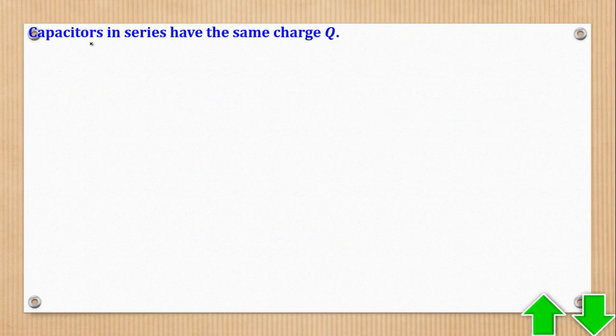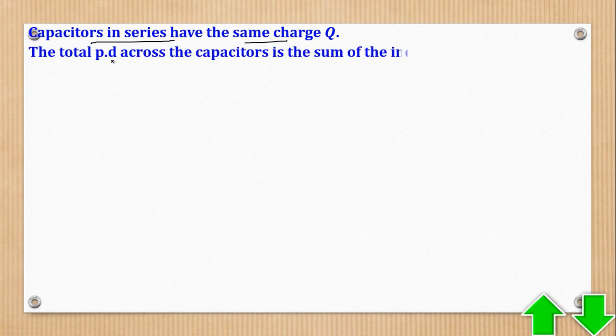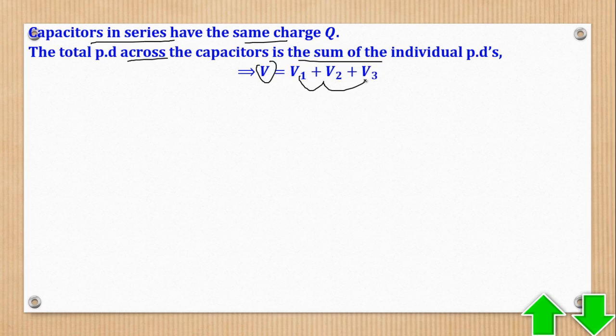So that's what I've told you. Capacitors in series have the same charge. And total PD, because PD is different, total PD will be the sum of all the individual PDs. Therefore, total PD V is equal to V1 plus V2 plus V3.